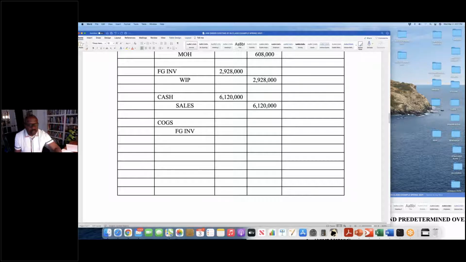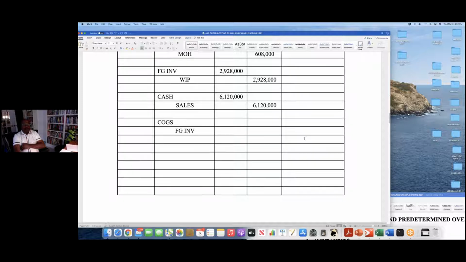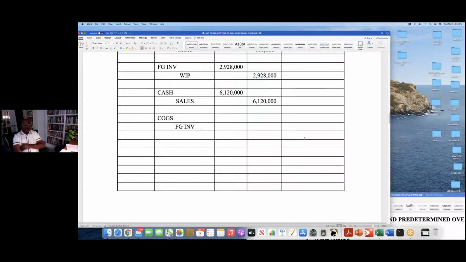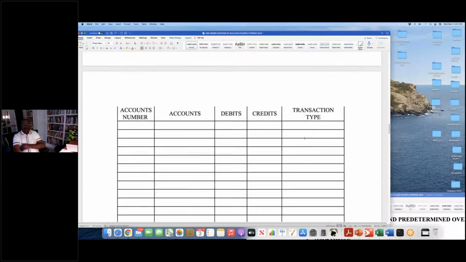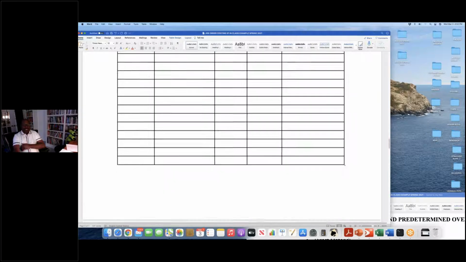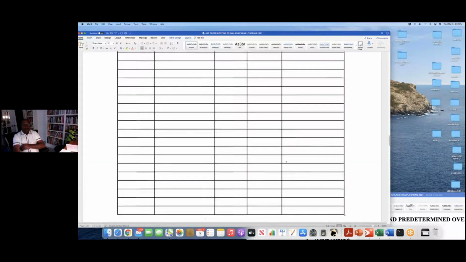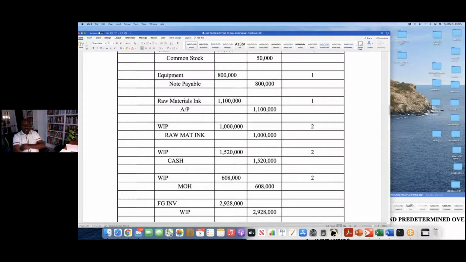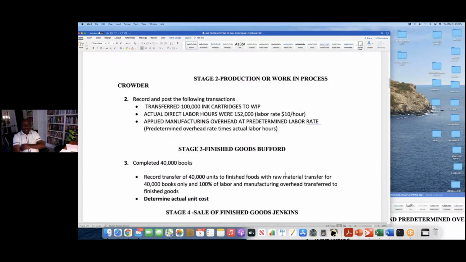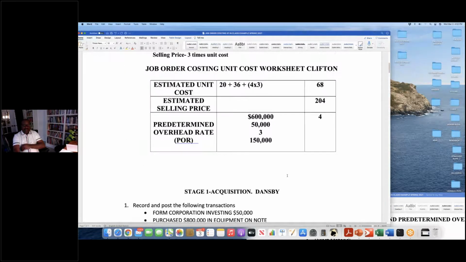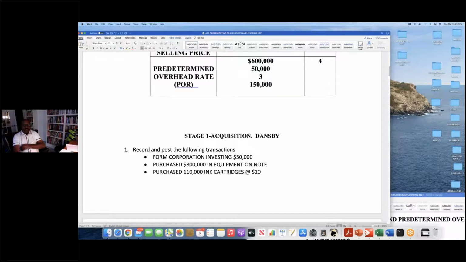We made them to sell. So what's our cost going to be here? I don't know. How did we get 6 million? How did we get the first journal entry?